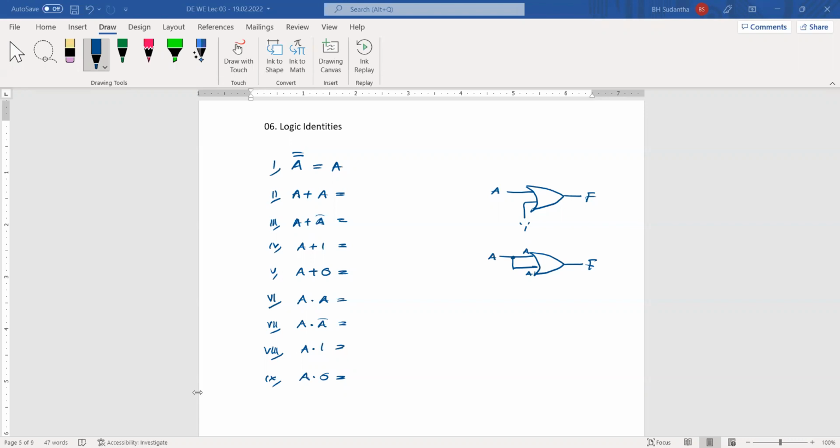Okay, then this is A plus A. A plus A is A. A plus A bar is 1. A plus 1 is 1. A plus 0 is A. A dot A is A. A dot A bar is 0. A dot 1 is A. A dot 0 is 0.